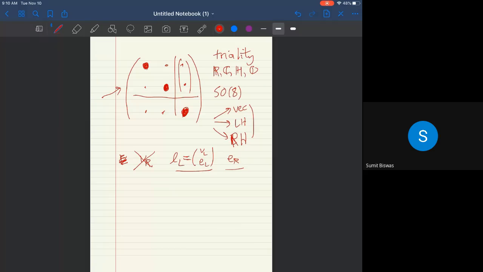If you do, it's no longer a complete theory in its own right, but it can still be treated as a low energy effective theory to some larger, more complete theory.